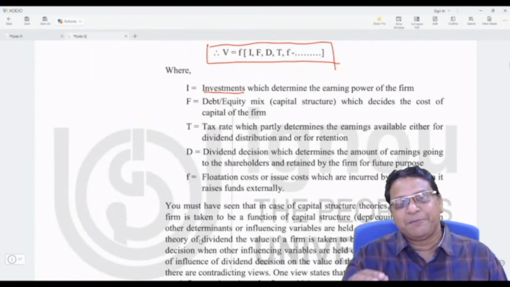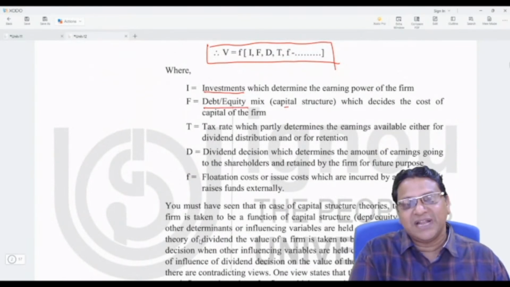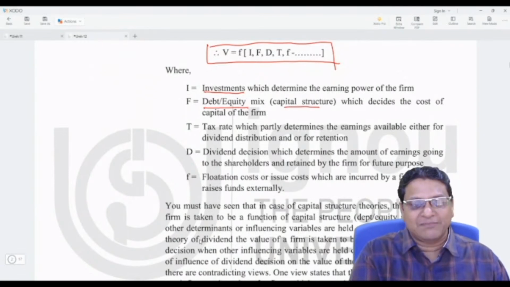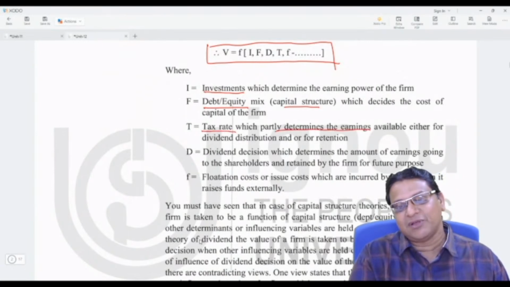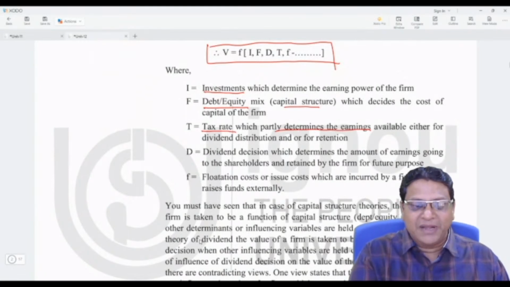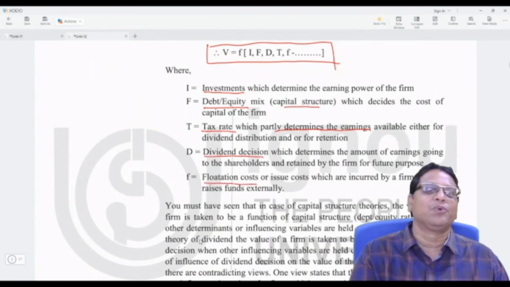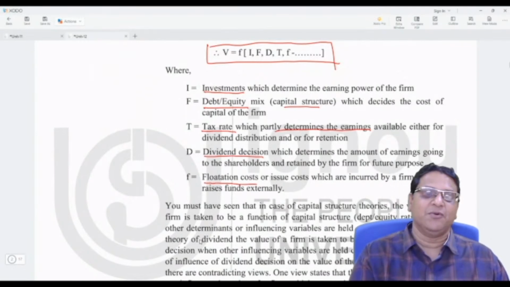Then it depends upon F, that is the debt equity mix, the capital structure of the project. Next, it depends upon the tax rate, which determines the earning available. Value of a firm depends upon dividend decisions, and upon flotation cost, and there are many other factors which affect the value of a firm.